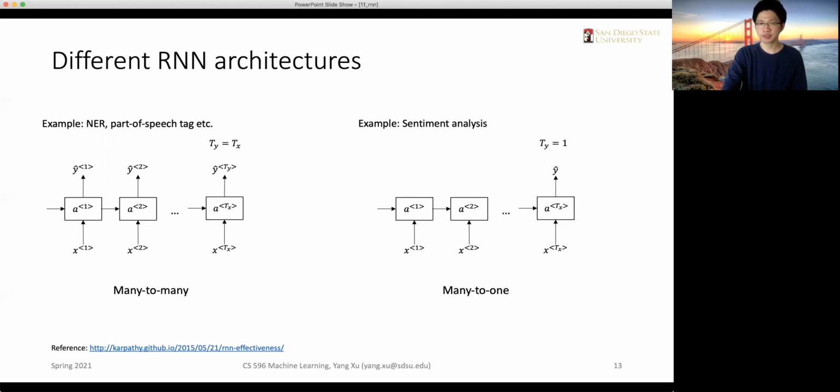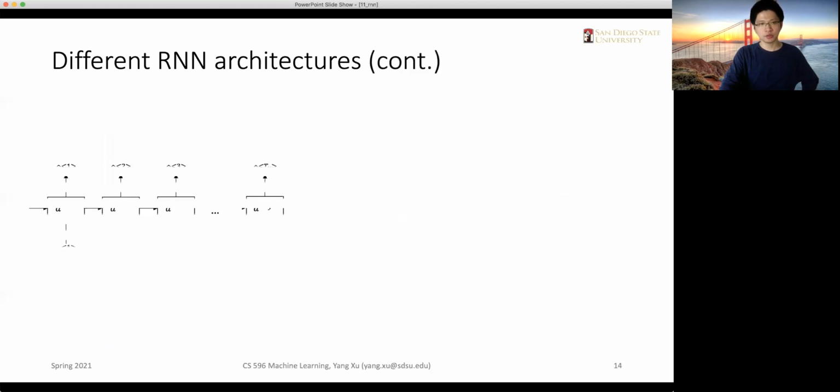For example, if it's sentiment analysis, then we let the model take one sentence as input and only collect the activation from the last time step, and that will be the basis for the prediction, right? The other architecture is the one-to-many, which means we will only take one input.